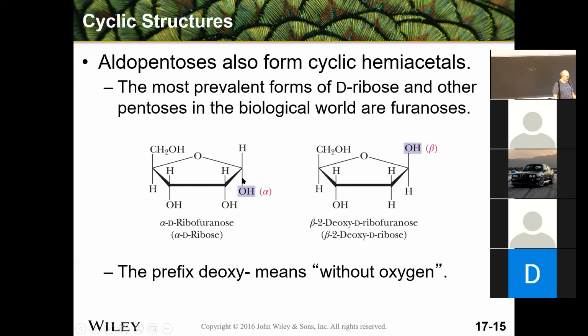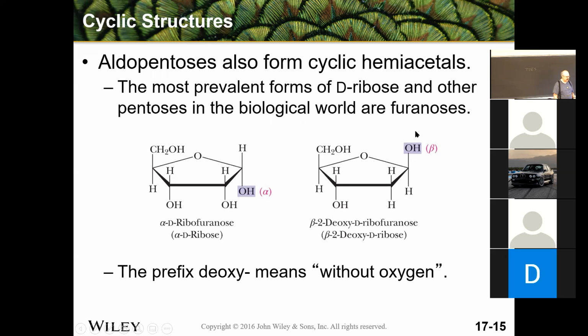So this is a 5-membered ring, and this was a result of ribose closing up to form this cyclic hemiacetal. So this is alpha D-ribofuranose. The furanose indicates a 5-membered ring. The ose indicates a carbohydrate, monosaccharide. And alpha means that this OH on the anomeric carbon is pointed down.